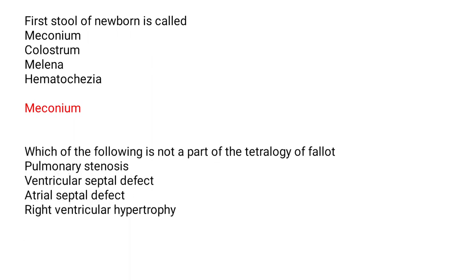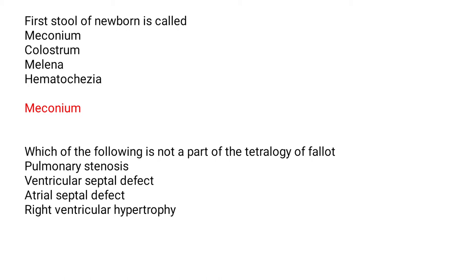Next question. First stool of newborn is called, options: meconium, colostrum, melena, hematochezia. So the answer is meconium. Next question. Which of the following is not a part of the tetralogy of Fallot? Pulmonary stenosis, ventricular septal defect, atrial septal defect, right ventricular hypertrophy.